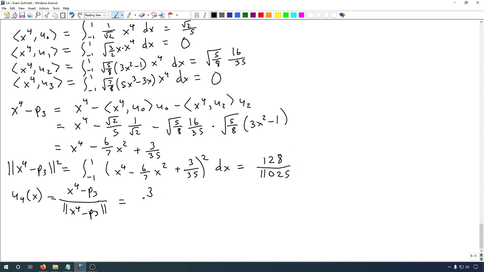We end up getting a 3 over 8 square root 2, that's a 2, and then 35x to the fourth minus 30x squared plus 3. So not as bad as you might have expected it to be. A much simpler result.